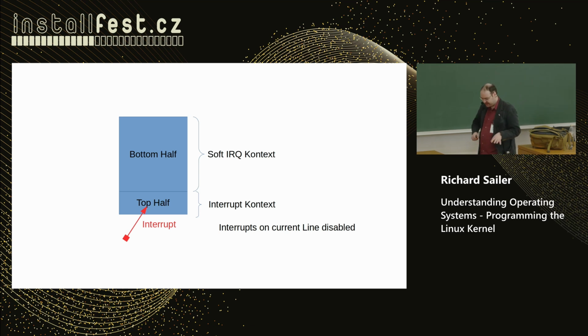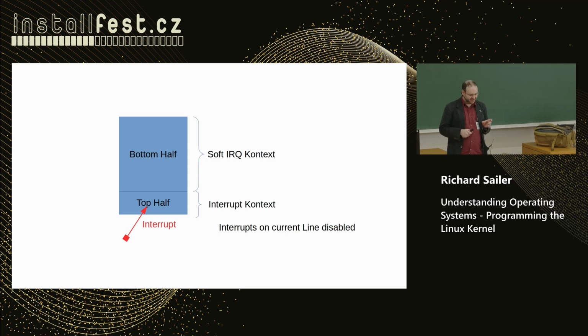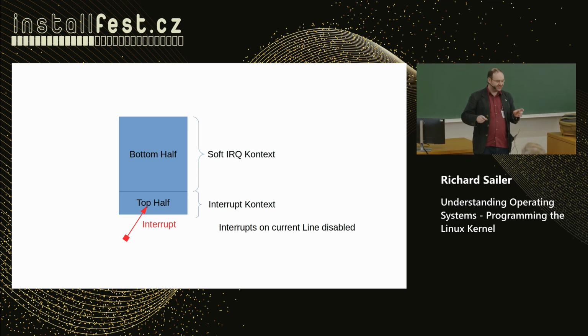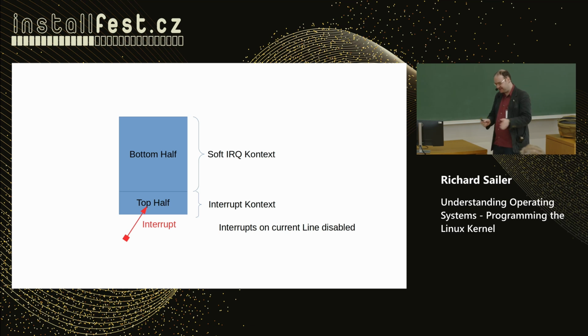Now, when you handle an interrupt, it could happen that you get interrupted by another interrupt, and that's bad. That shouldn't happen, because at least these things you should be able to finish. So your processor can ask the hardware, okay, please do not interrupt me again, or at least not on the same line.